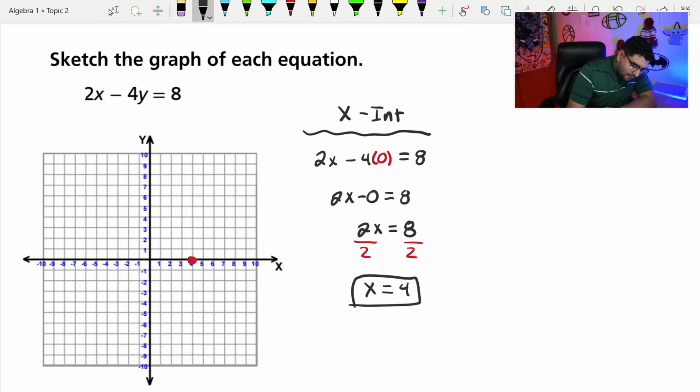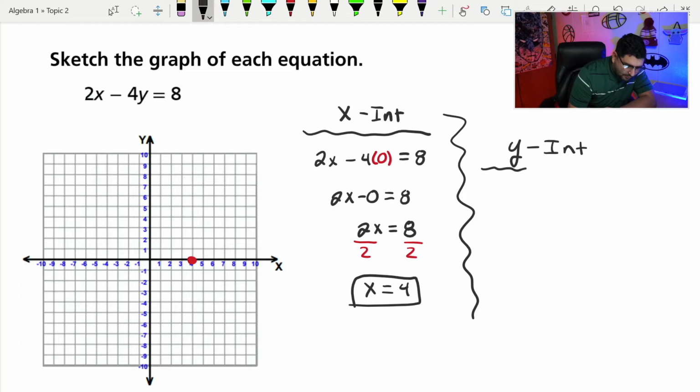And now I just need one more point, which is going to be my y-intercept. So let's find our y-intercept. Now we just need to plug in 0 for the x value. So 0, and we're going to do minus 4y equals 8.